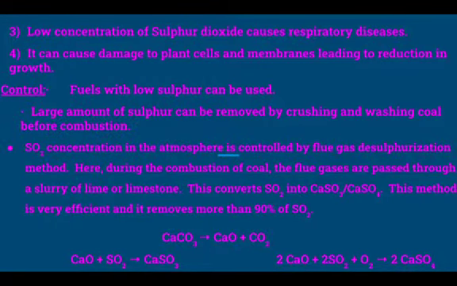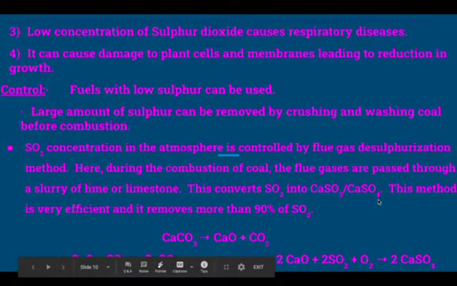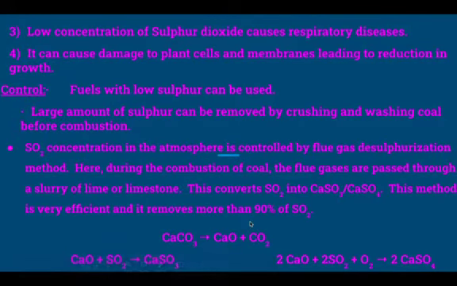Here, during combustion of coal, flue gases are passed through a slurry of lime or limestone. This will convert sulfur dioxide into calcium sulfite or calcium sulfate. This method is very efficient and it can remove about 90% of sulfur dioxide.